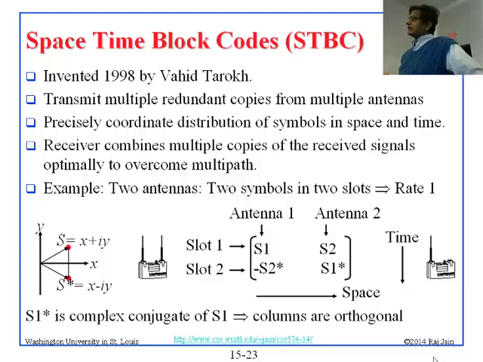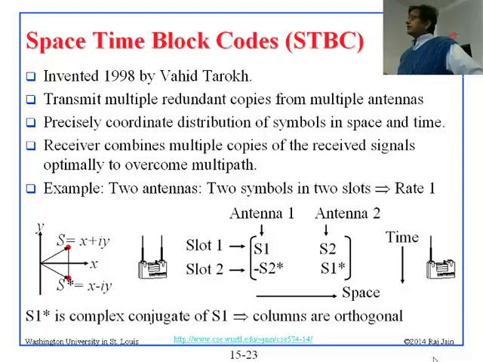So that is conjugate of S. So you send minus S2 conjugate here, and in the second time slot, on the second antenna, you send S2 and S1 star. So this is antenna 1, this is antenna 2, this is time 1, this is time 2.